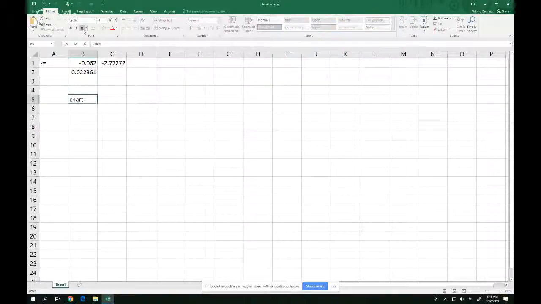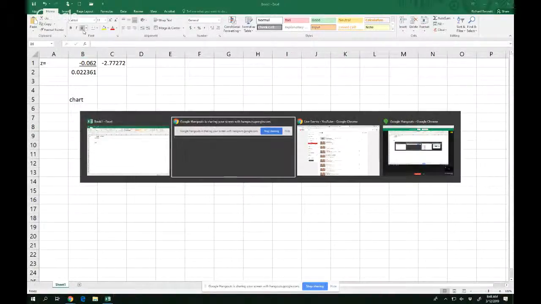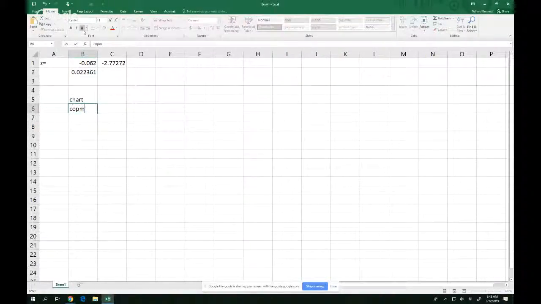Chart. We're looking at the chart. Here, actually, let's do the computer first. Well, the computer works the same way as the chart, right? How do I do this on the computer? What's the command? Josh remembers.